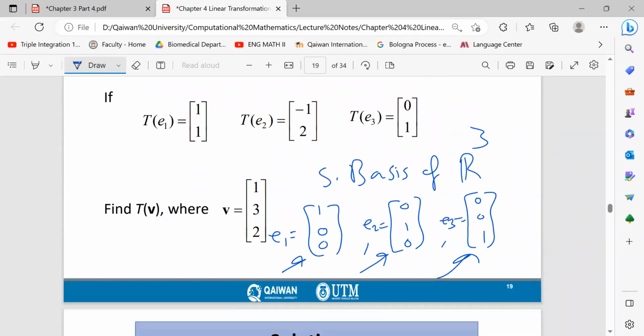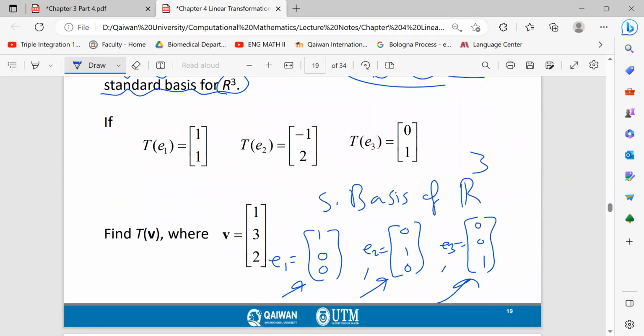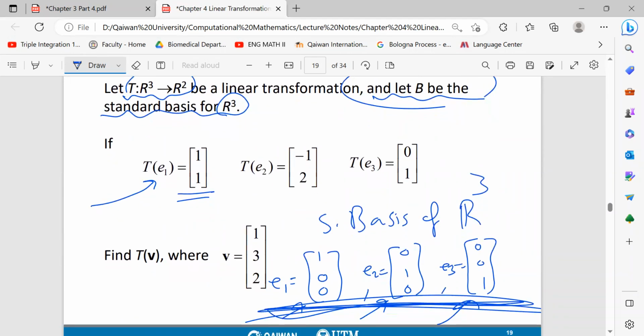Look here. Let B be the standard basis of R3, so these are the elements of the standard basis. It says T of E1 equals this. So T of E1, we don't know which one is E1, okay? And T of E2 is this.